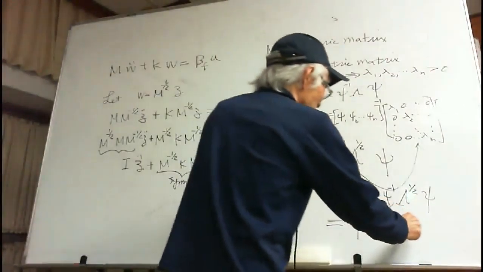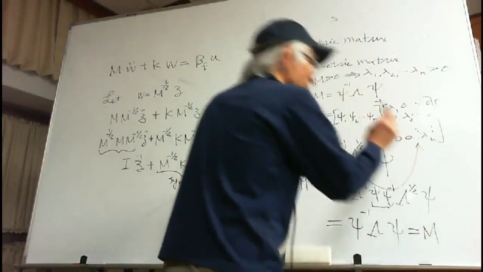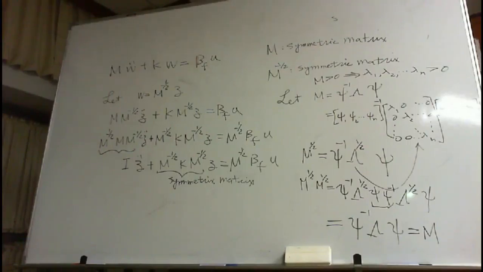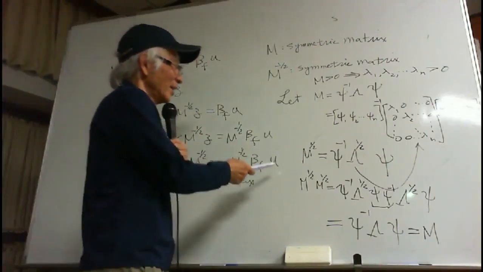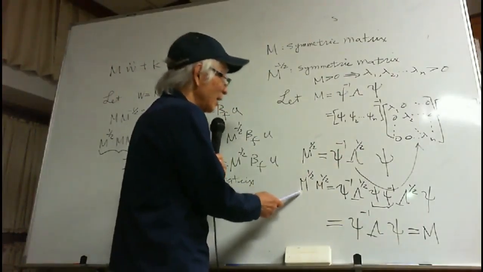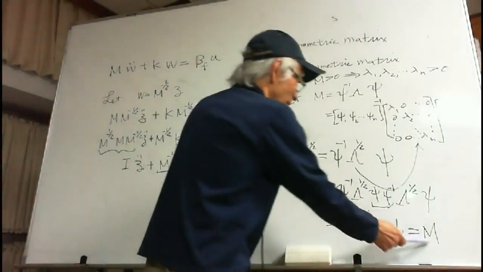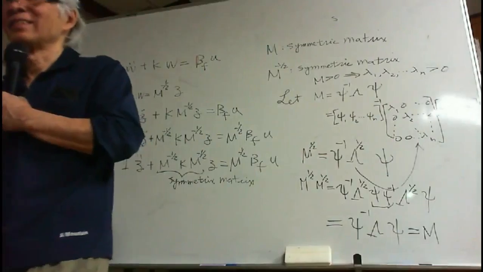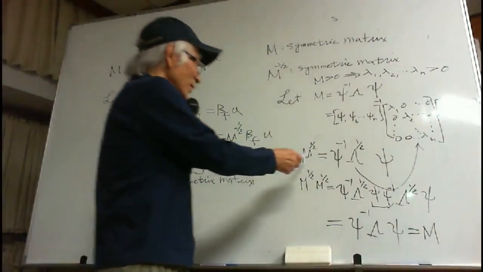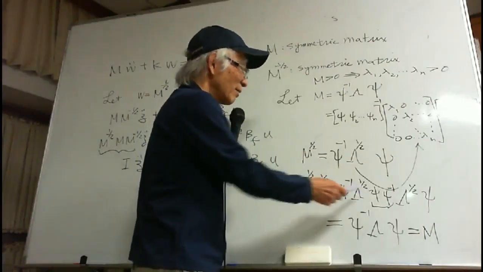And this equals M. So if I accept this, I prove it for you that it multiplied by itself equals M. So M half times M half, I can go back to M.